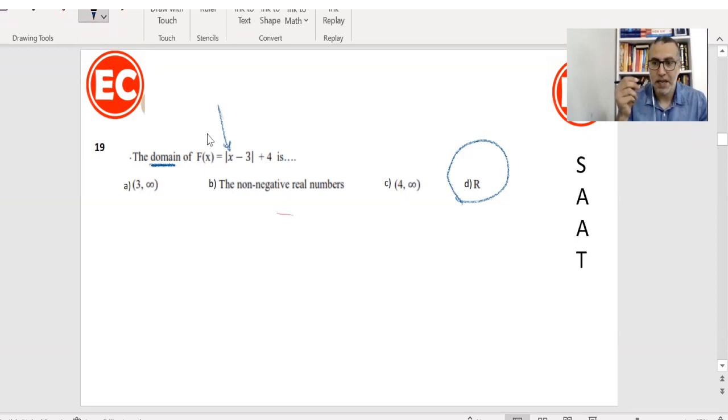But let me give you extra information for this one. This one, absolute value of x minus 3 plus 4, means that the vertex changes the sign of negative 3 into 3, and puts down the 4, so 3 and 4.